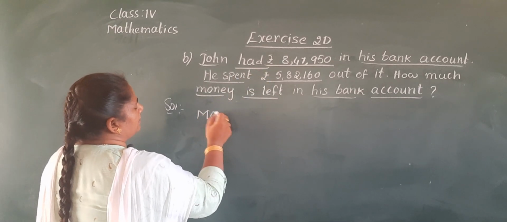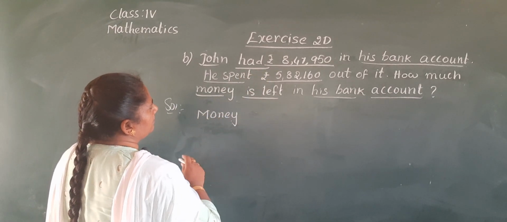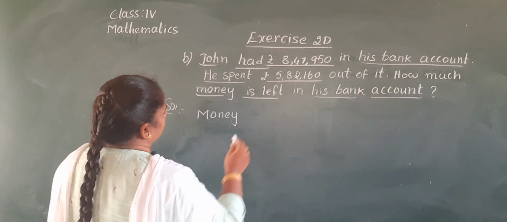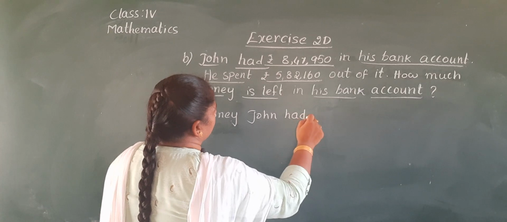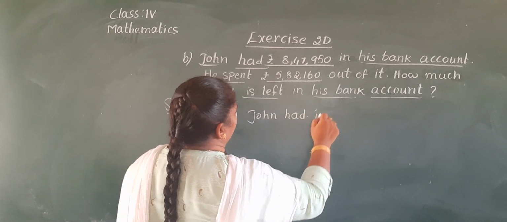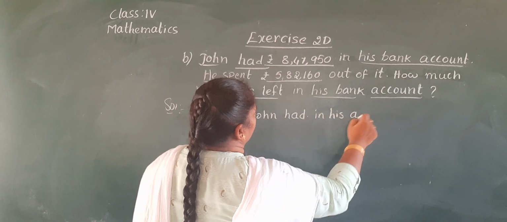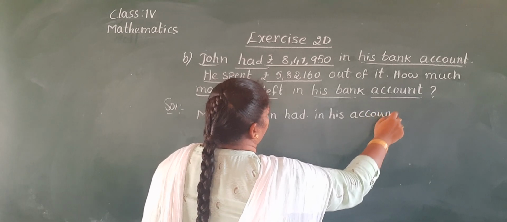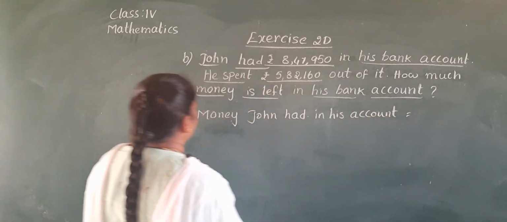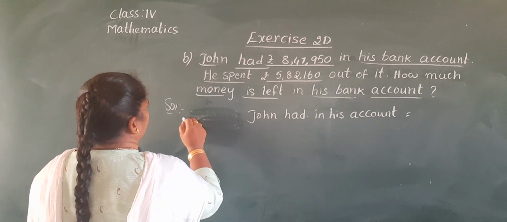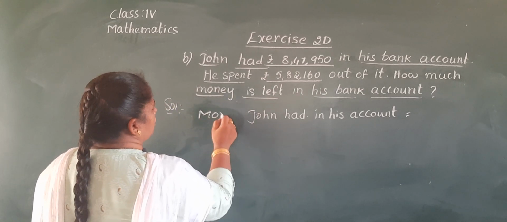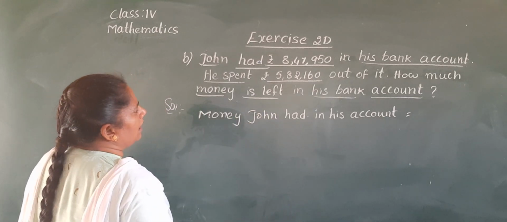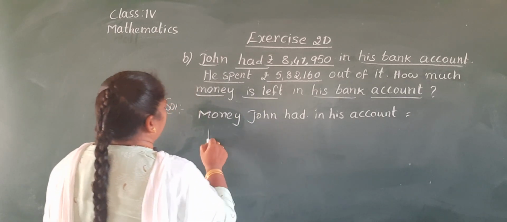Money John had in his account. So we'll write amount of money. So okay, write down money John had in his account and money spent by him.